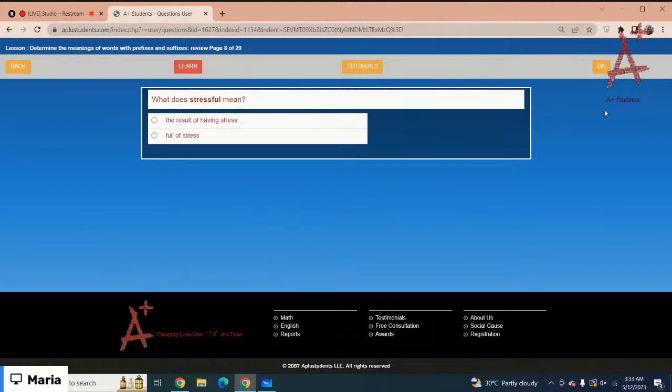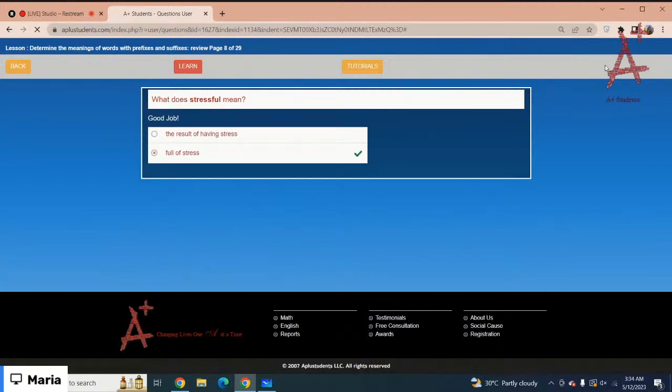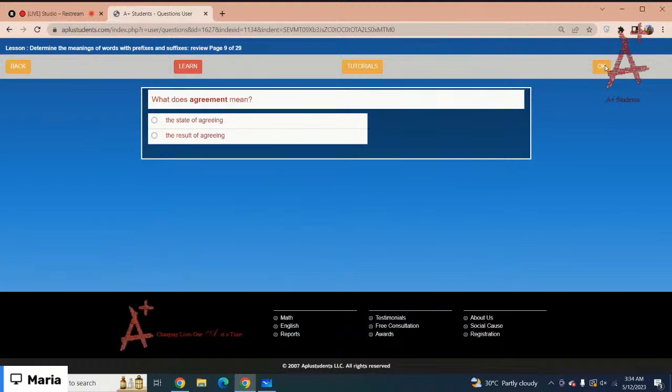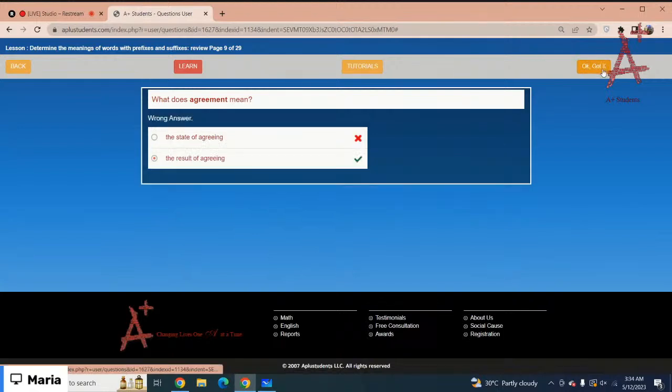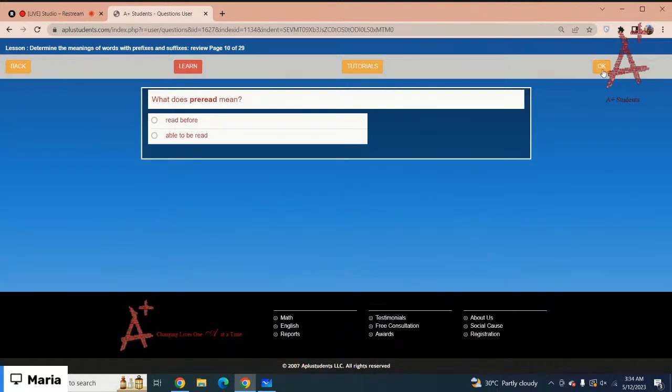It would be full of stress. What does agreement mean? That means state of being, the state of agreeing. Oh, agreement means the result of agreeing. Sorry.